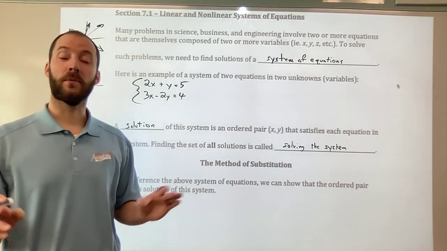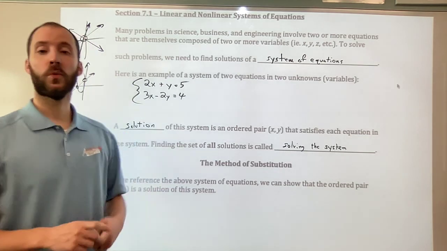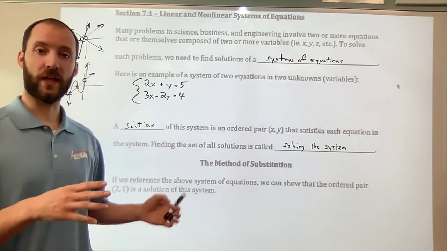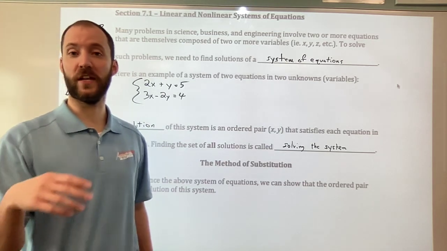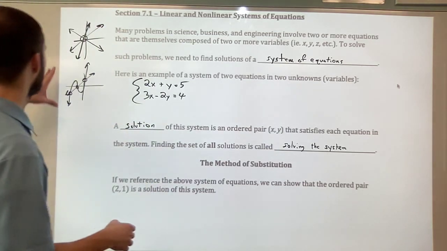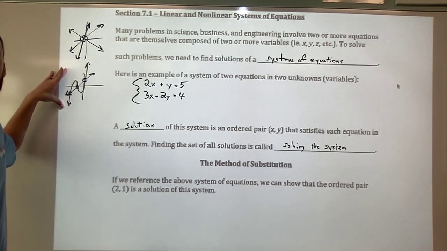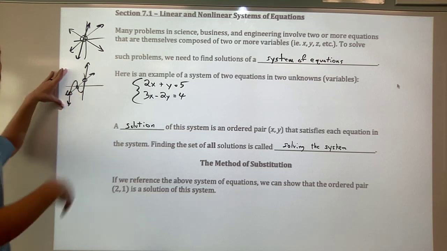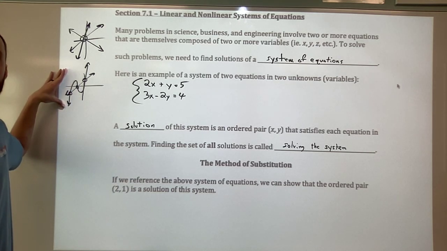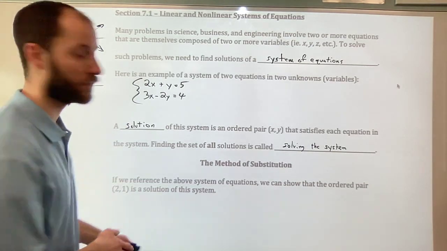So there are multiple ways to solve a system of equations. We're going to look at one of them right now. This one is particularly beneficial for systems of linear and nonlinear. So if you have a linear equation and you have something else, quadratic, cubic, whatever, substitution is a pretty good method to solve that system.